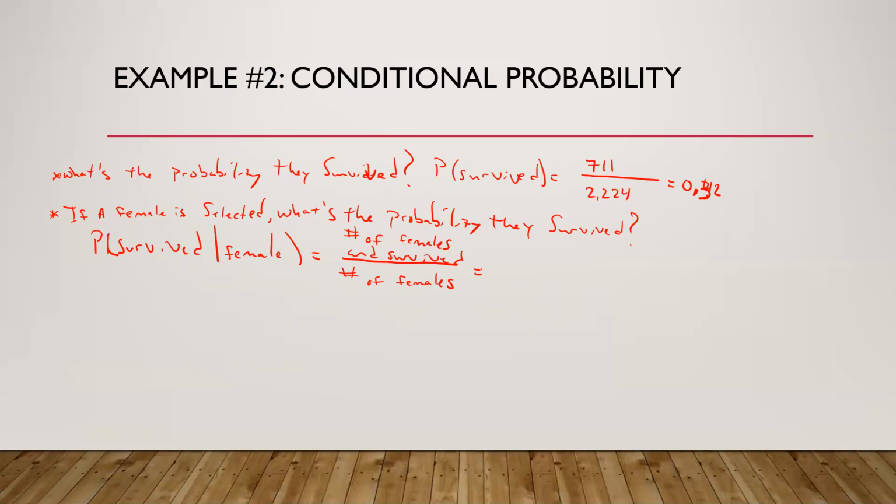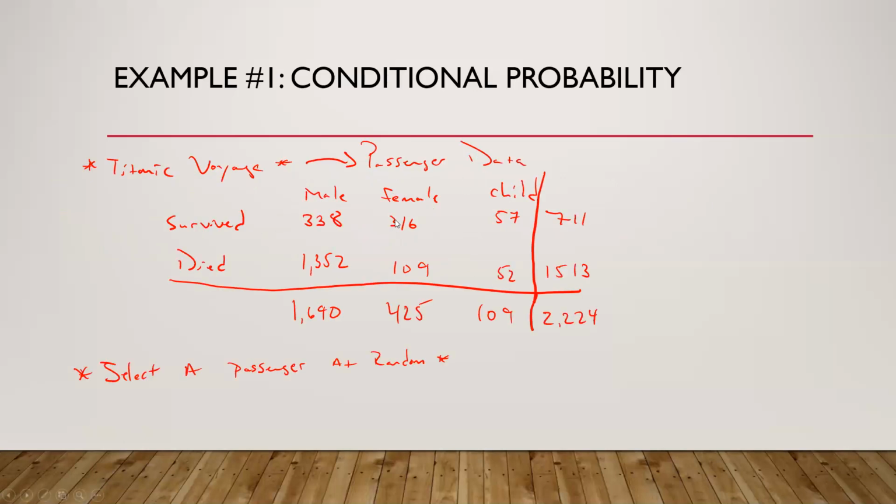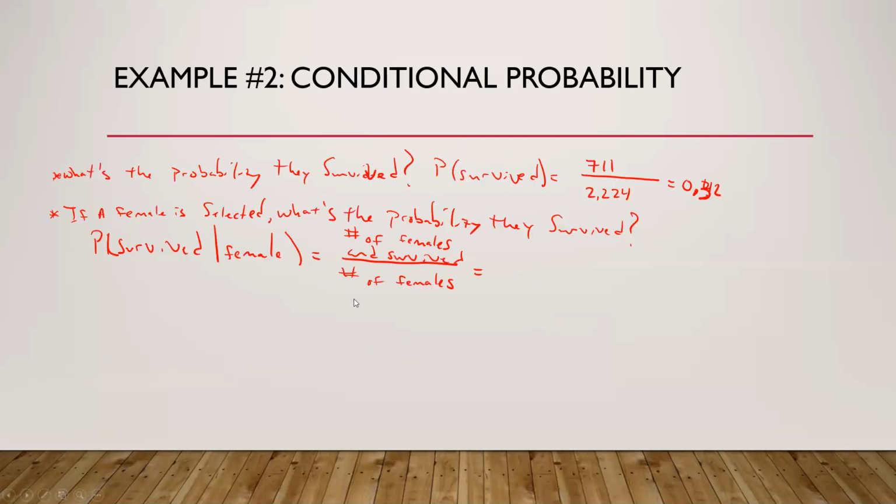Looking back, the number of females who survived is this number right here, and the total number of females is 425. So this is just 316 divided by 425. And hopefully I did this right. So if you were a female on the Titanic, there's a 74% chance that you survived. Okay, this is why Kate made it.